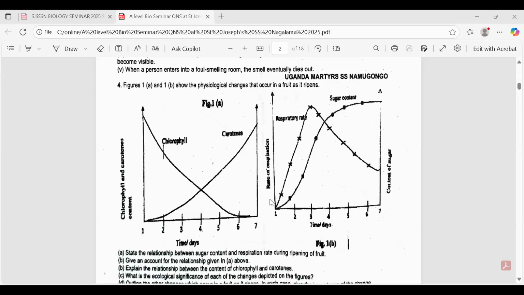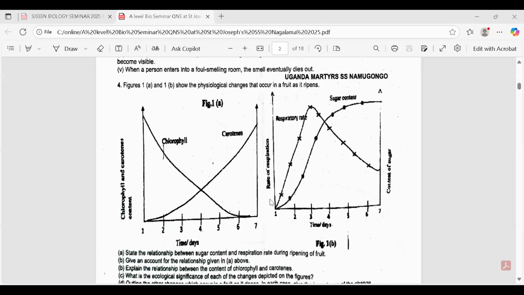Remember, respiratory rate is taking place because we are having the conversion of other carbohydrates to sugars, which must be sweet. So at first, the respiratory rate increases rapidly. Why? Because there is a lot of energy needed for the ripening of the fruit, in the way that we need energy to form more carotene to help the fruit ripen.